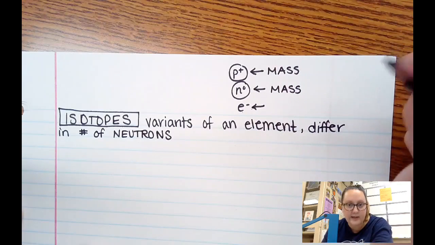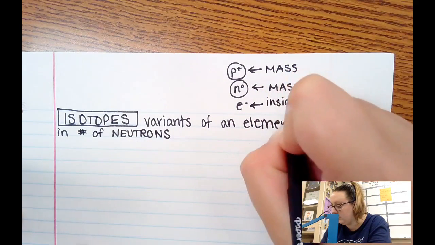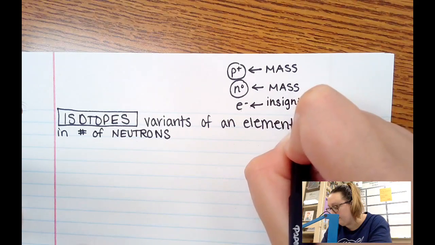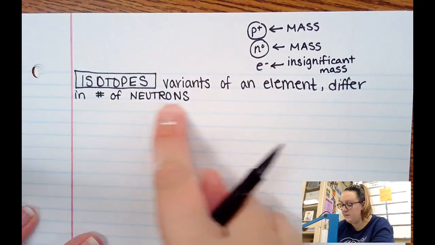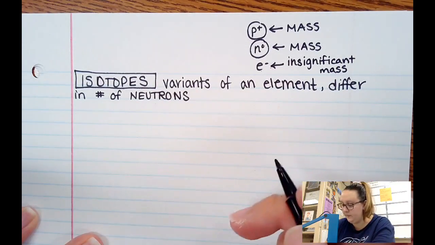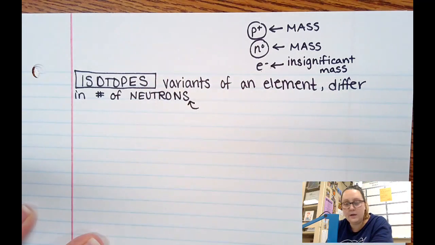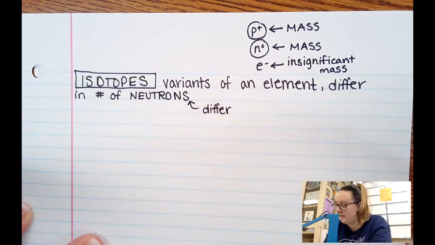Yes, they're there. Yes, they are matter, but they have insignificant mass. And the reason I mention that is if these have different neutrons, that means they also have different masses.